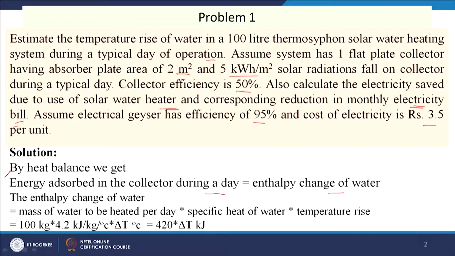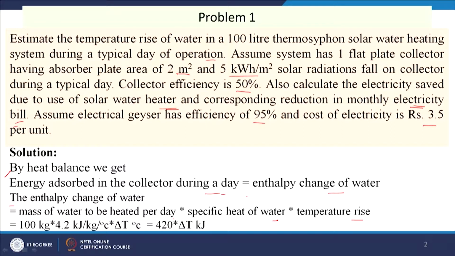Now we will see the enthalpy change of water. That is equal to mass of water to be heated per day into specific heat of water into temperature difference. What is the temperature rise?